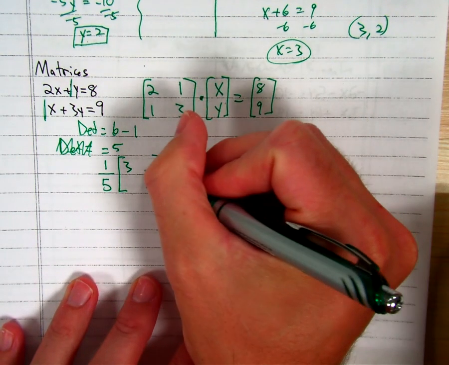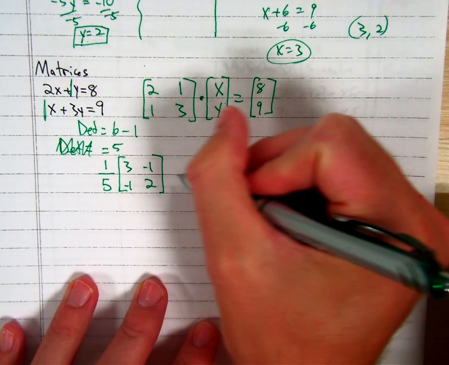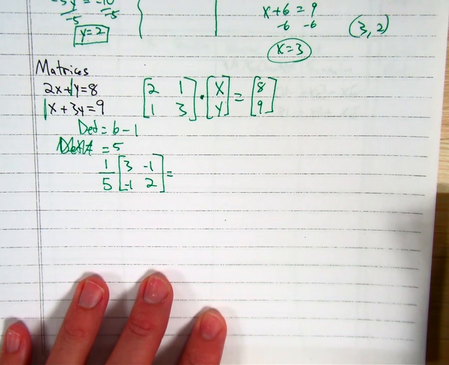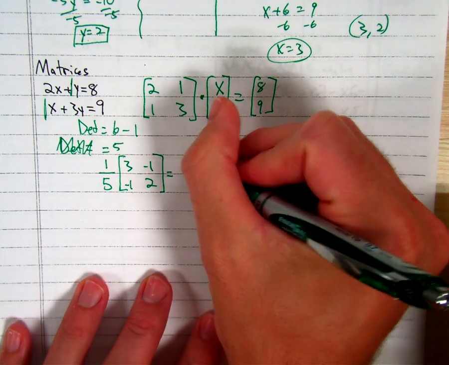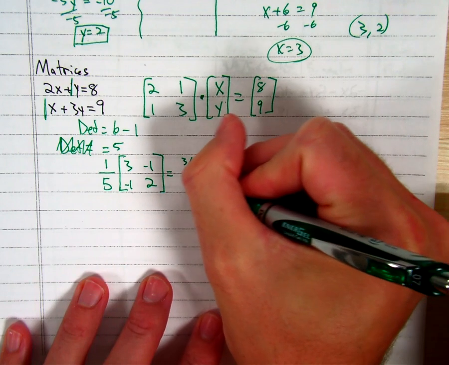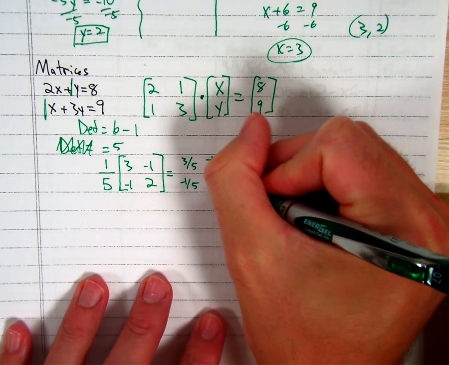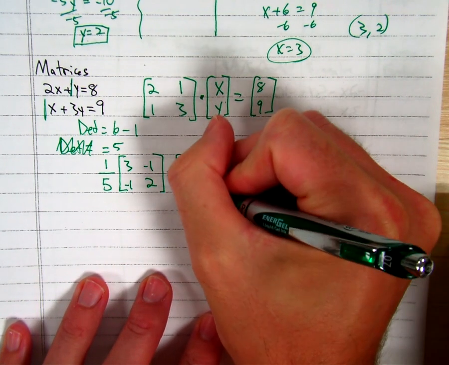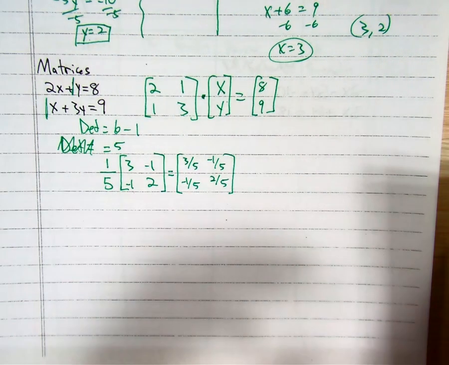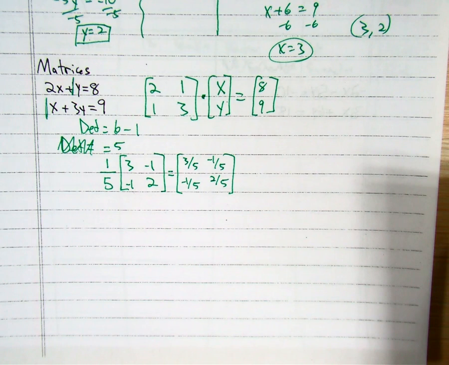So they were positive, so they will be negative now. And we'll multiply that 1/5 through. There is our inverse matrix: 3/5, negative 1/5, negative 1/5, 2/5.